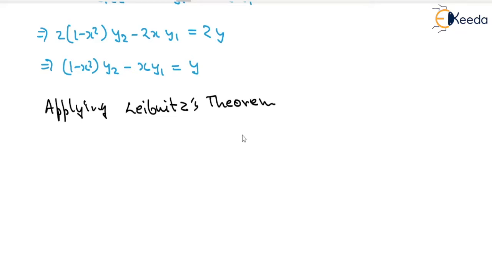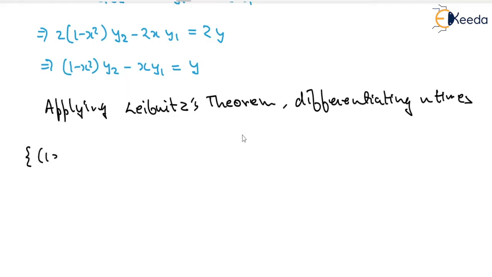So applying the Leibniz theorem and differentiating n times, for the first term 1 minus x square y2, we will be getting nth derivative of y2. So y2 is actually y double dash. So it becomes 1 minus x square into yn plus 2.